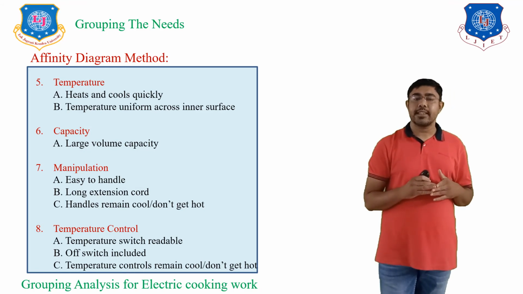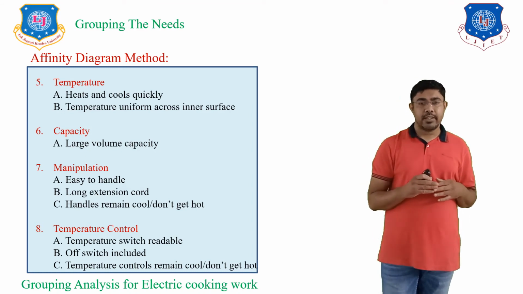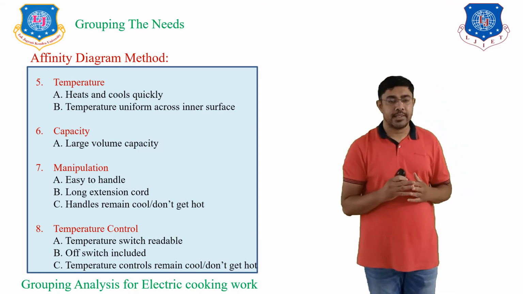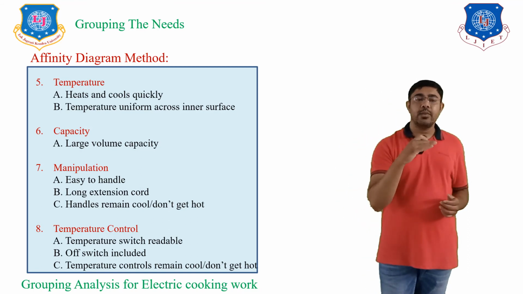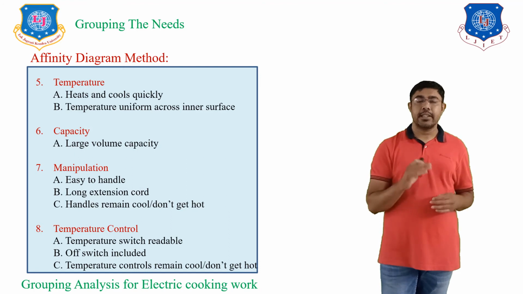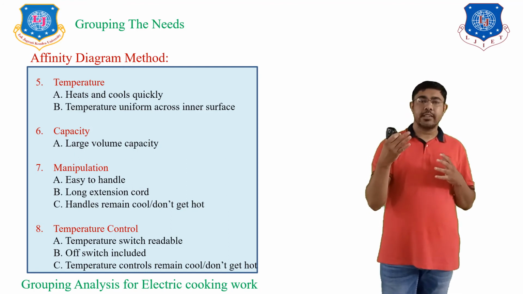If you consider the sixth category, that is capacity, there is one interpreted need, the large volume capacity, which we affix in the sixth column. The seventh criterion is manipulation.